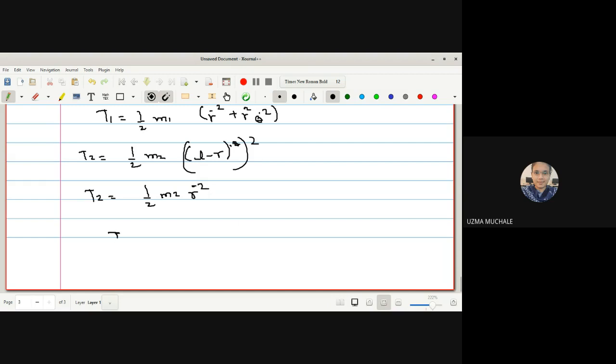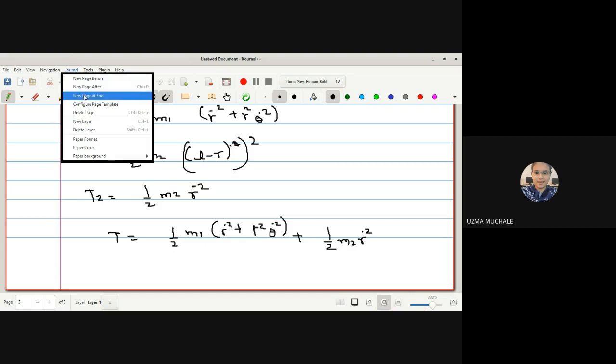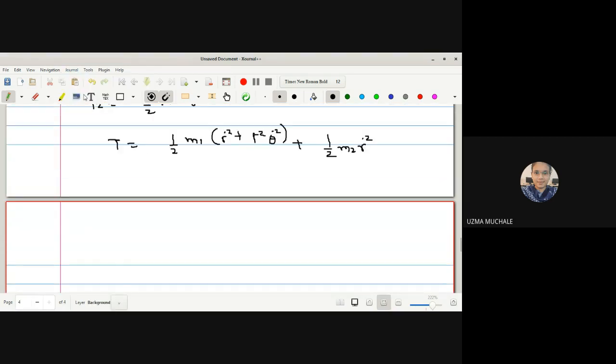Now the total kinetic energy T is 1 upon 2 m1 times r dot square plus r square theta dot square, plus 1 by 2 m2 r dot square. Right, this is the kinetic energy we have found.